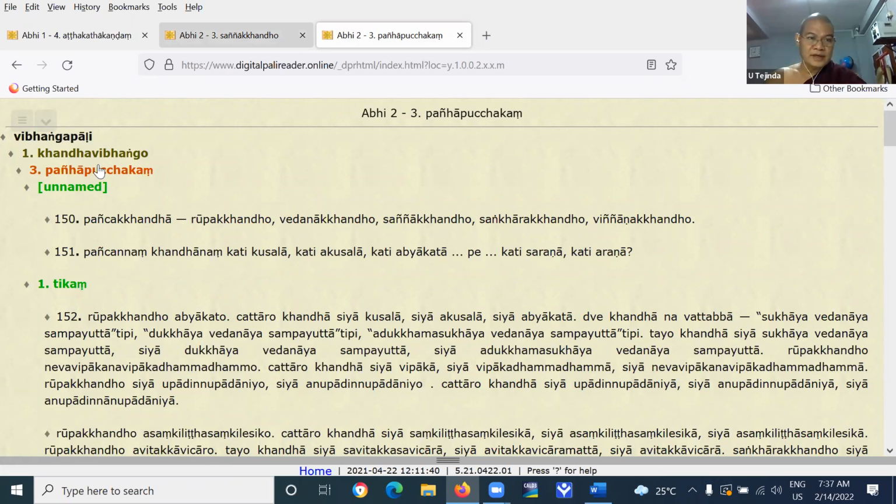Pañhāpucchakaṃ here, pañhā. Pañhā in Myanmar we say pyatana, problem. Prasna is the Sanskrit script, prasna. Prasna, ra, you see, change it to P. So PP, prasna, we say pyasana. So that is the question and answer.